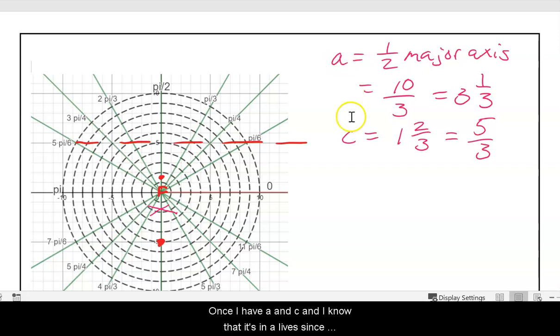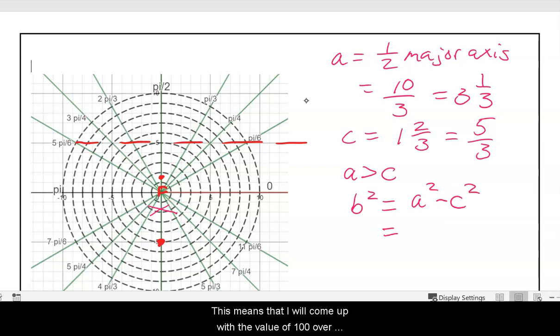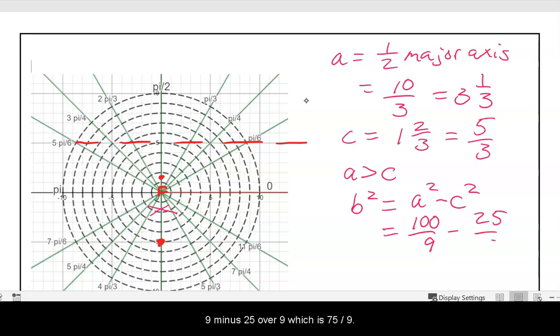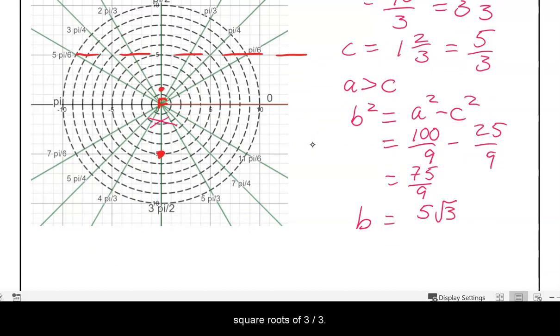Once I have A and C, and I know that it's an ellipse, since A is longer than C for an ellipse, then I can find the length of the minor axis by computing B squared, which is A squared minus C squared. This means that I will come up with the value of 100/9 minus 25/9, which is 75/9. When I compute the value of B, this would give me 5 square roots of 3 divided by 3.